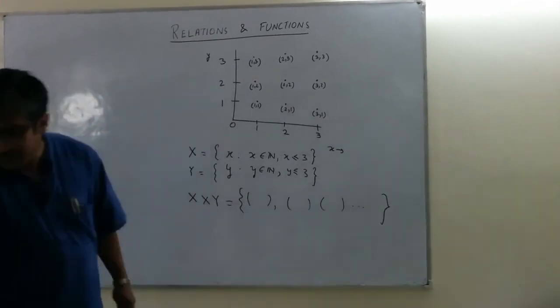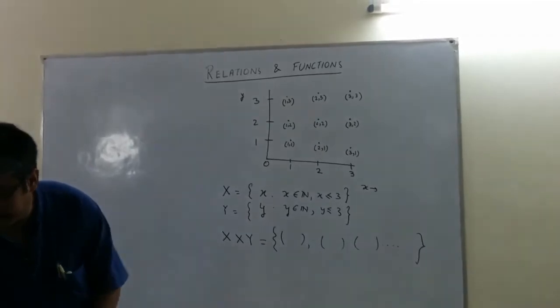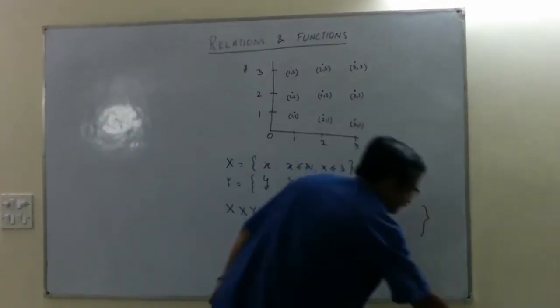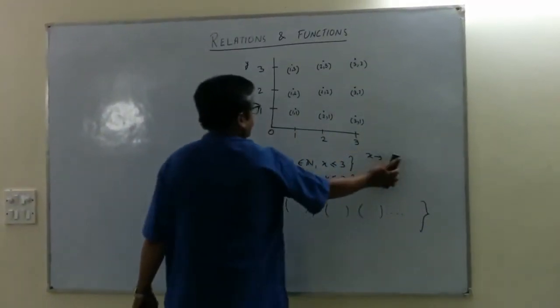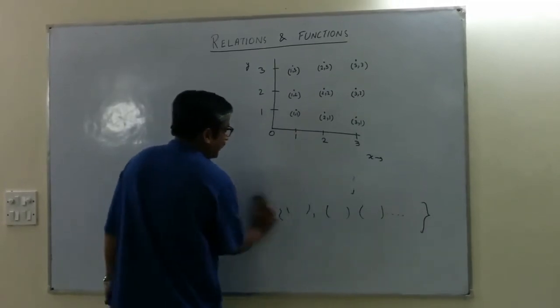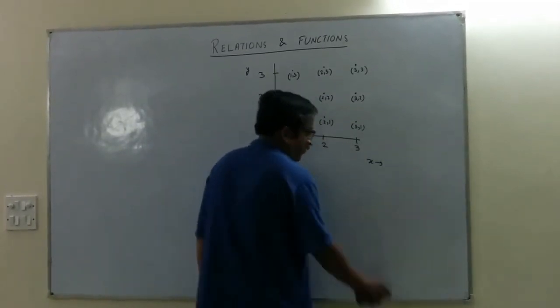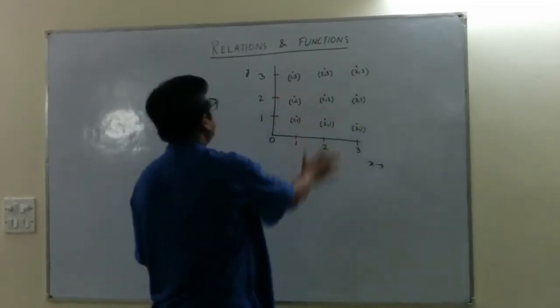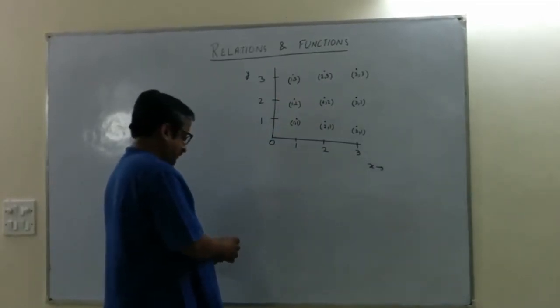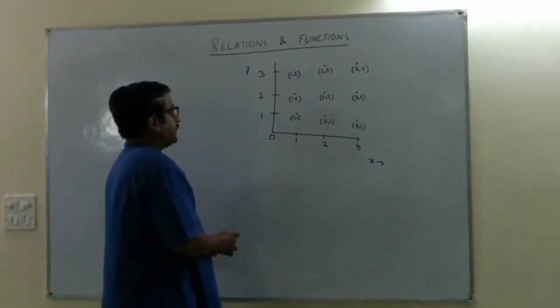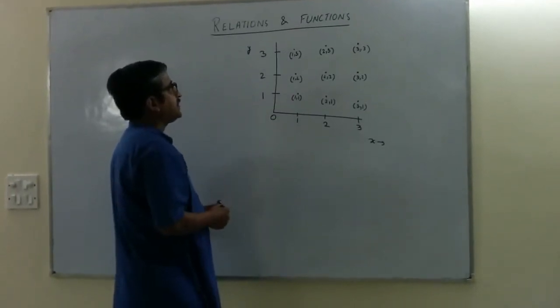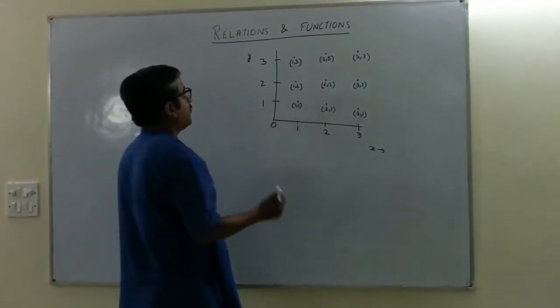Now we come to the definition of relations. Of course, when we have all these points, this does not necessarily mean that they are all forming a relation. Suppose I want a relation of this form.